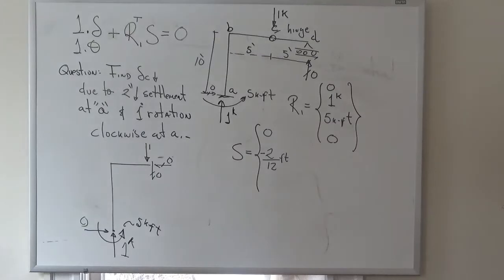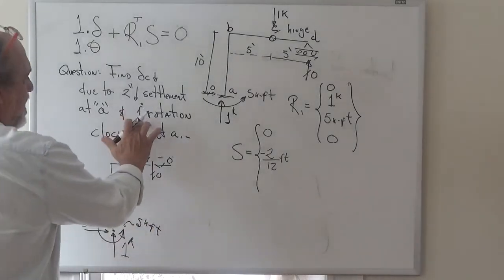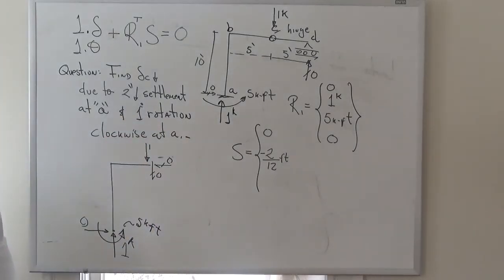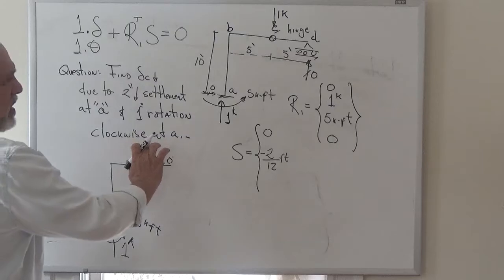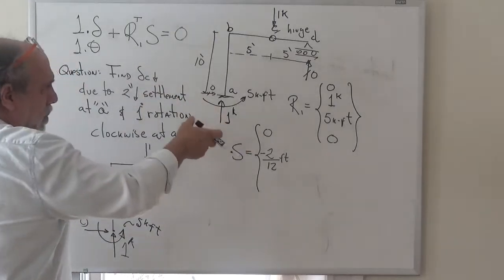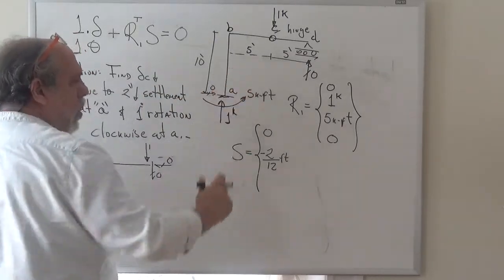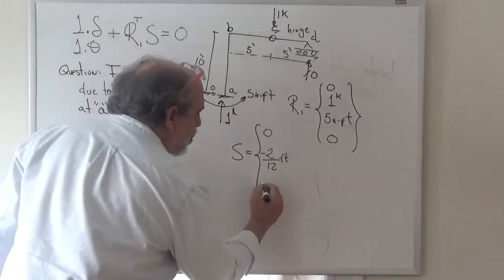Now, is there a rotation at A? Yes, it's 1 degree. Now, is it plus or is it minus? Well, it says here that it is clockwise, but I am using counterclockwise plus, so this is also negative.